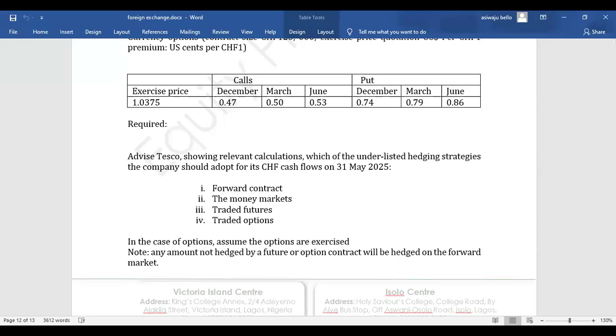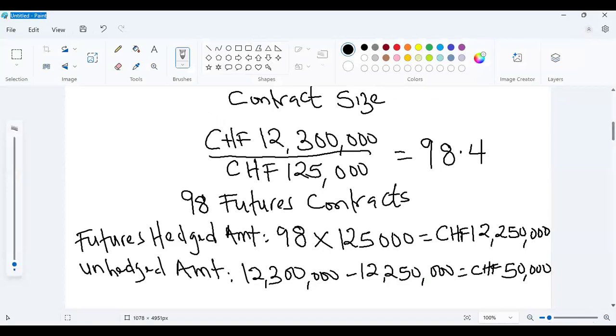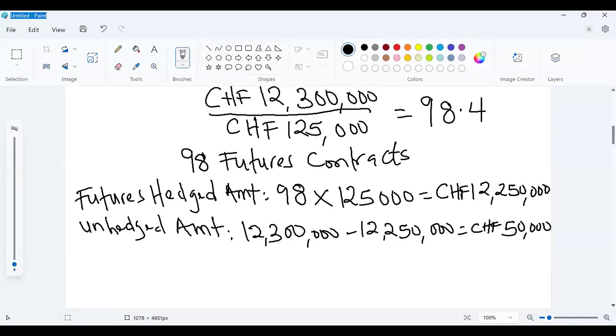That means this 50,000 CHF amount will be hedged. Under the forward market, we are going to hedge the balance of CHF 50,000.